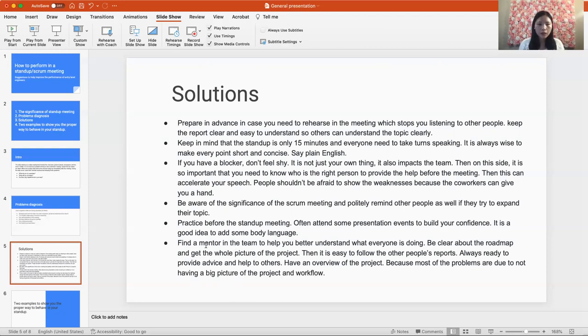So it is better for you to find a mentor in the team to help you better understand what everyone is doing, so you can follow when the other people report. And also you need to have a sense of ownership, always ready to provide advice and help to other people.